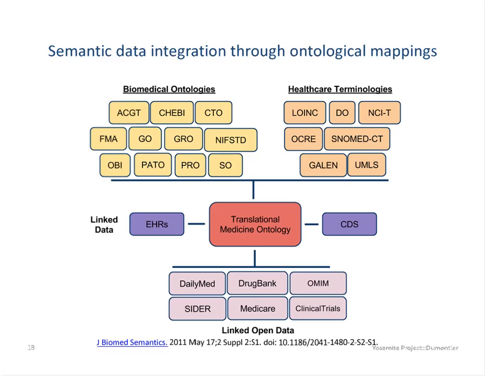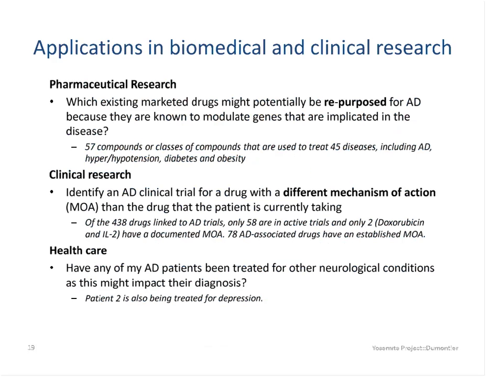And so what we could do is start asking questions that span biomedical and clinical research. We could ask, what other drugs could be used to treat a particular disease because they modulated or acted on genes that were related to the disease?